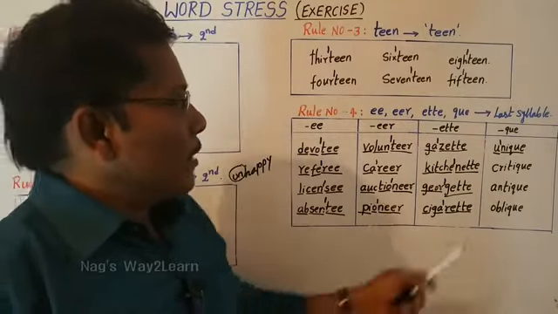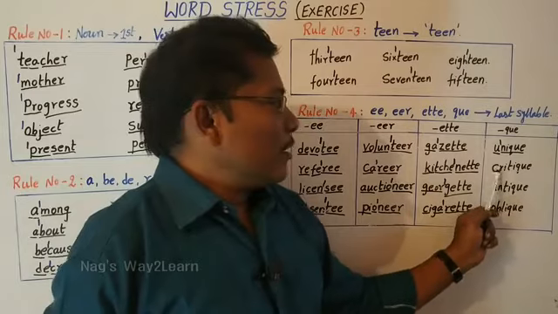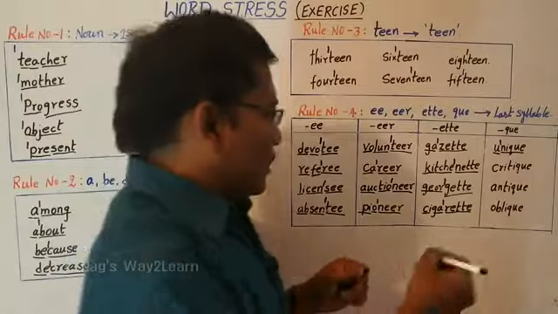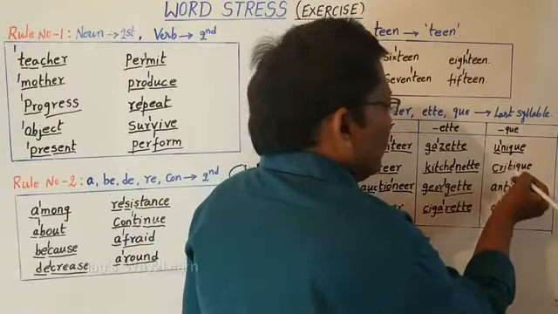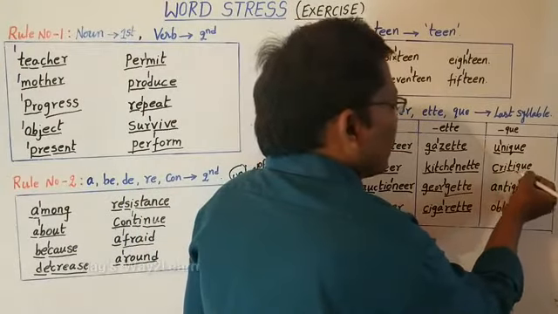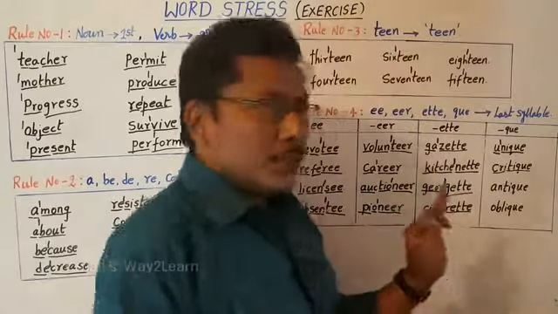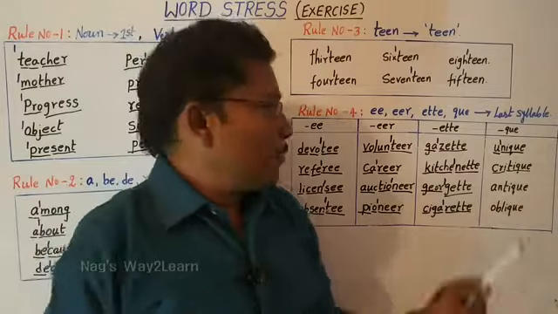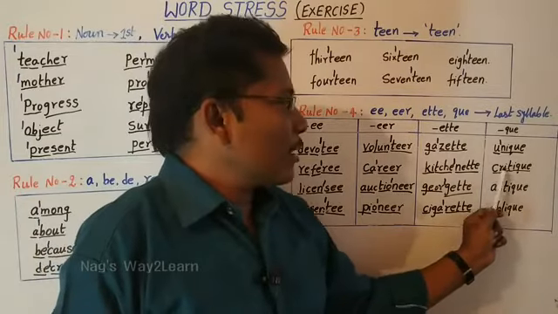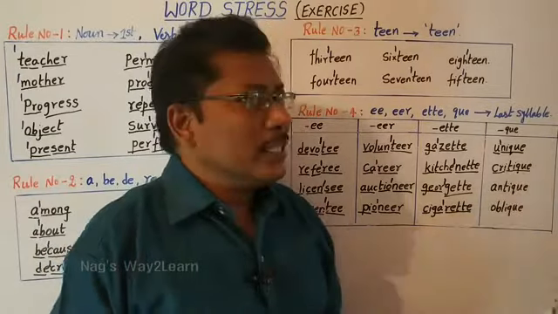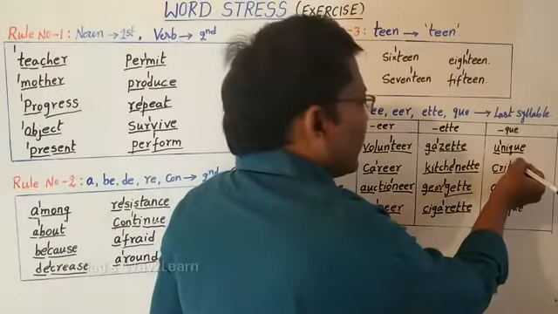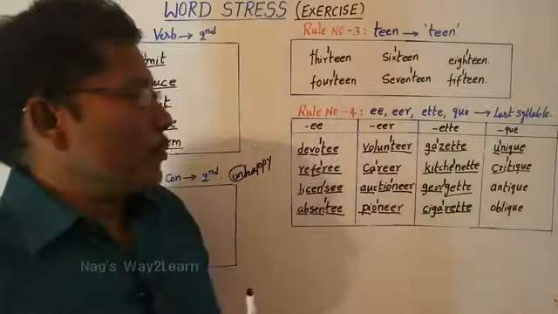Next word, critique. What are the syllables? Cri, tique. Cri is the first syllable, tique, this is the last syllable. So you put the stress on the last syllable, tique.